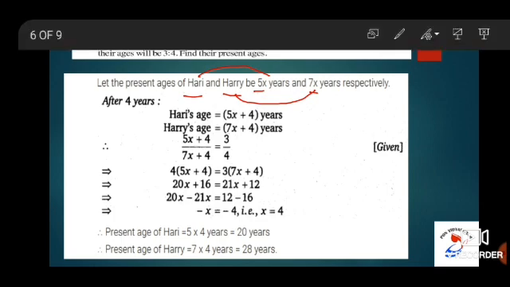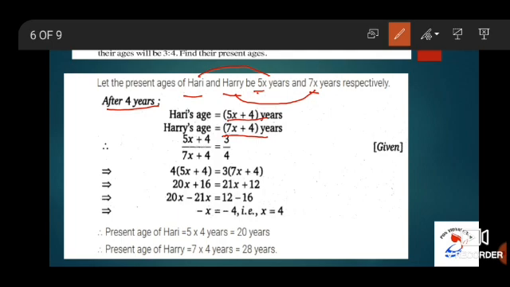But in the present situation, we have considered their ages to be 5x and 7x. So for their ages after 4 years, what should I do? I have to add 4 to Hari's age and 4 to Harry's age. So for Hari it is 5x plus 4, and for Harry it is 7x plus 4.